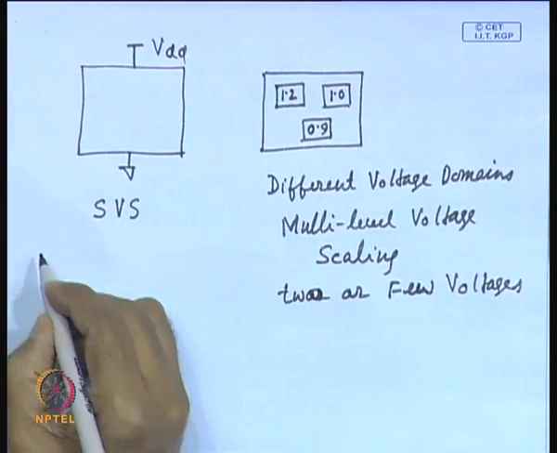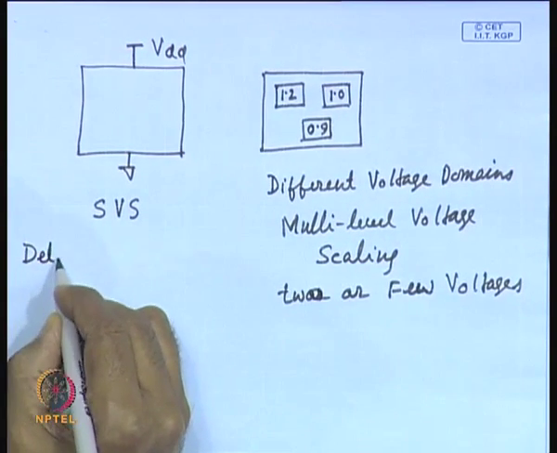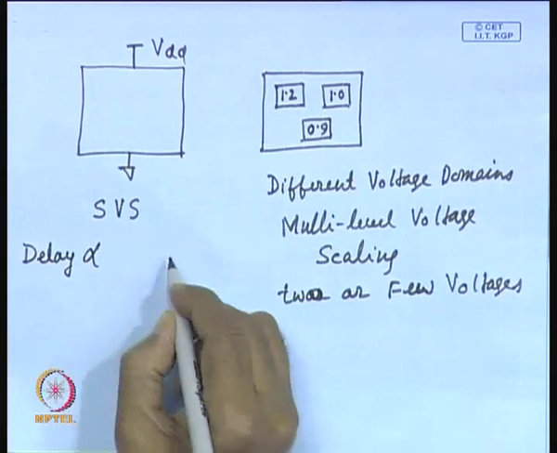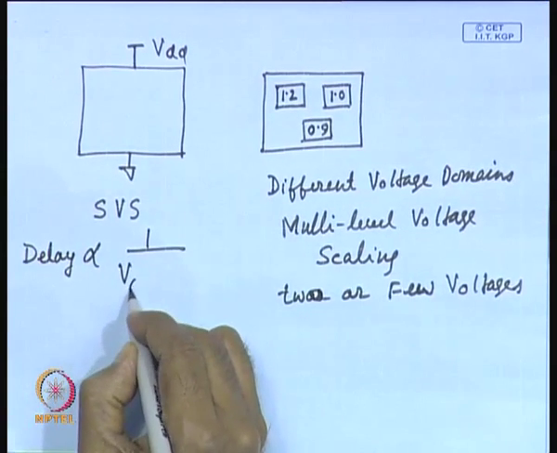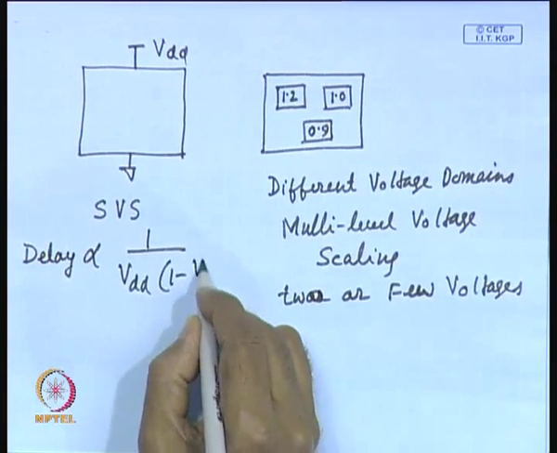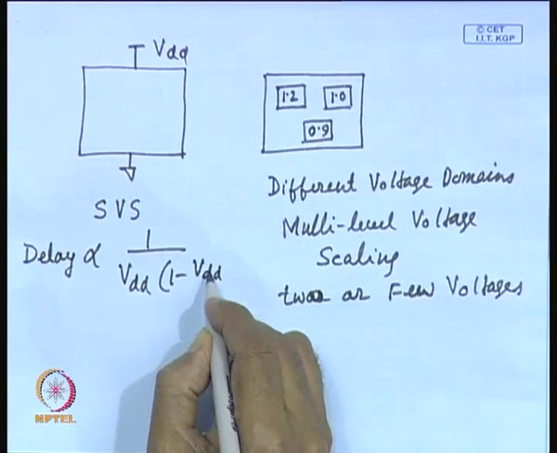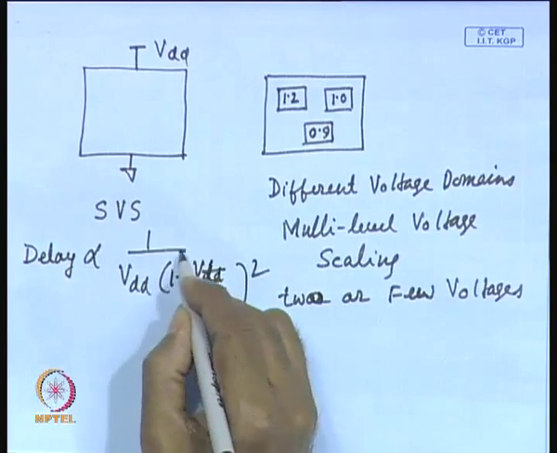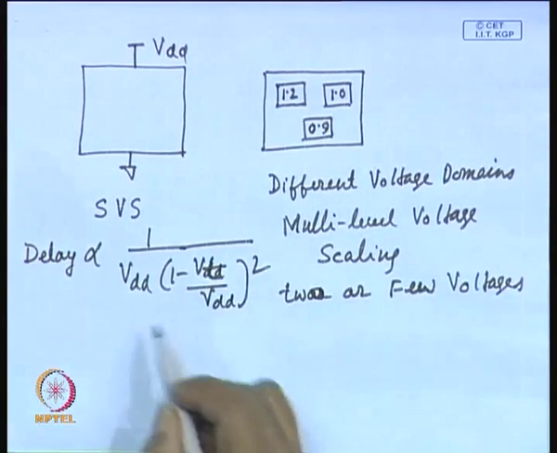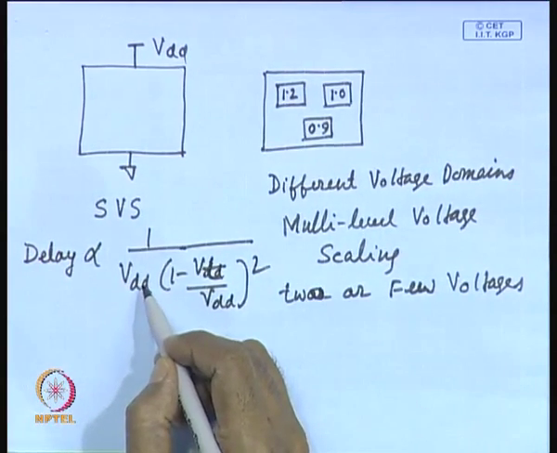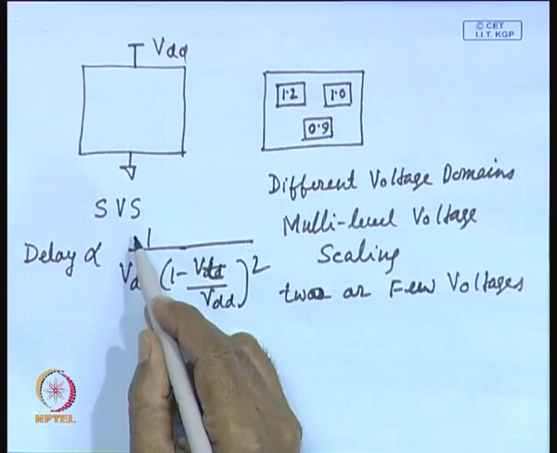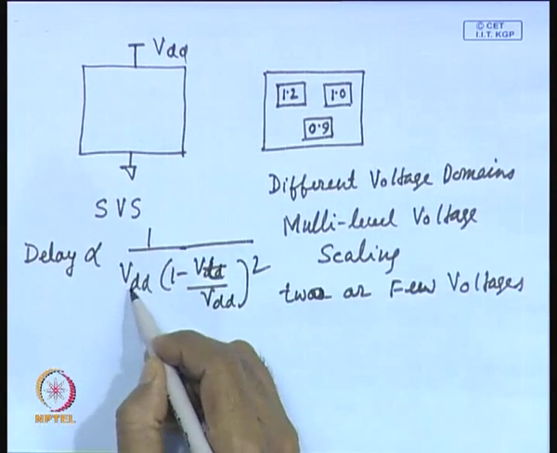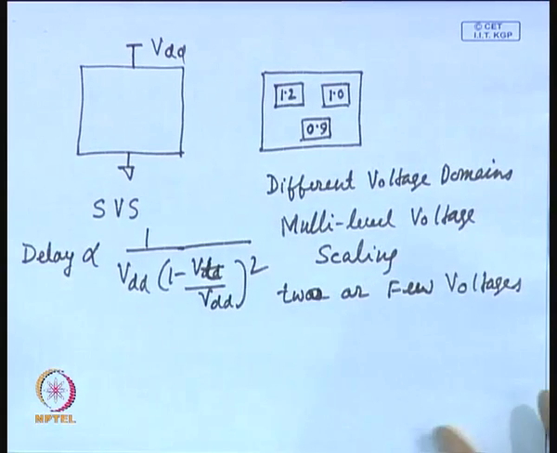As you know, the delay is proportional to 1 by VDD and 1 minus VT by VDD square. So, as voltage increases, delay decreases, and as voltage is reduced, delay increases.